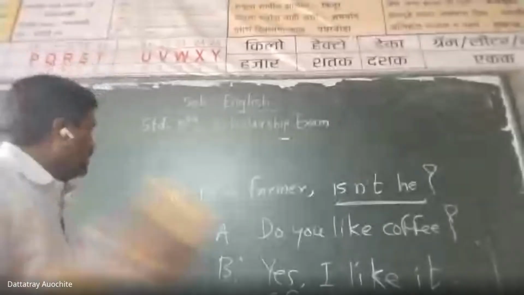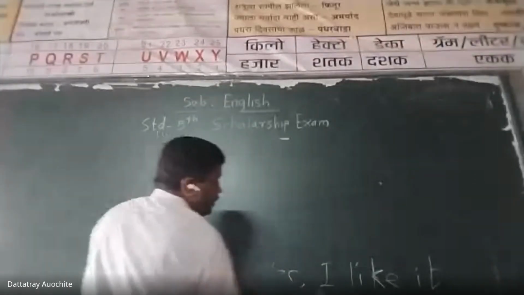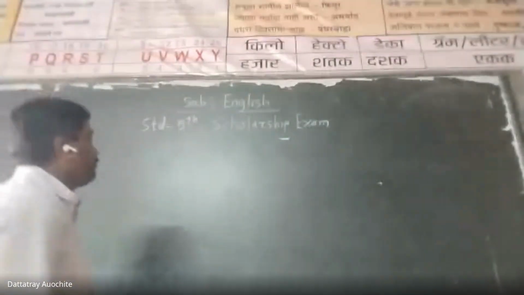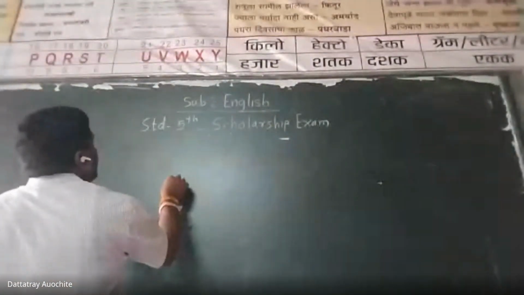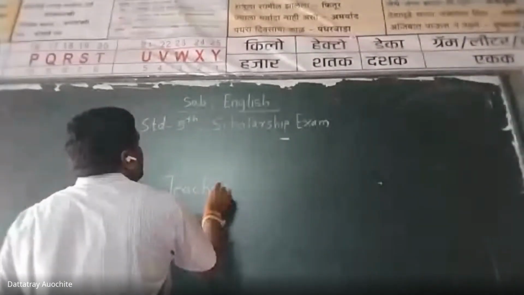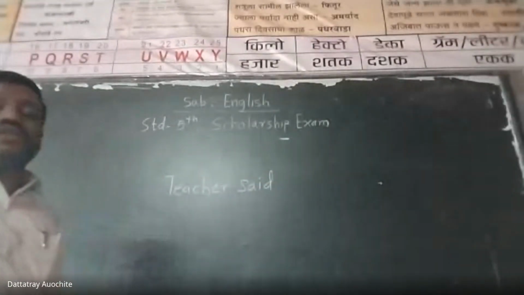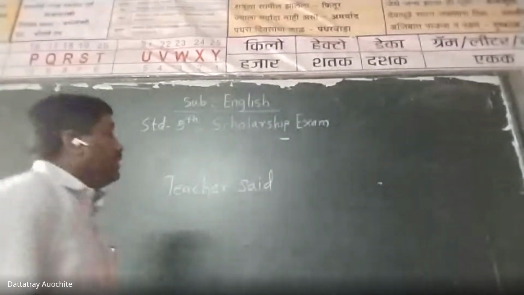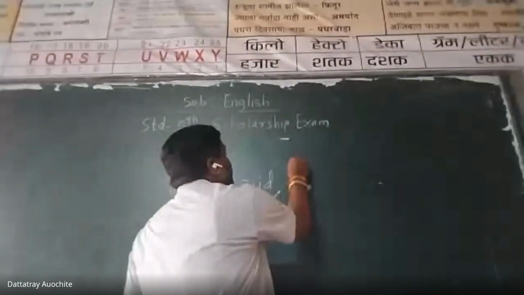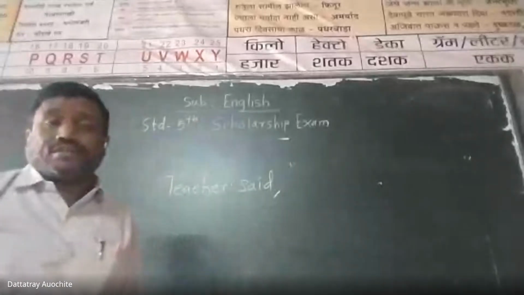Look at the sentence here, by which you can know clearly what is direct speech. Teacher said. So what the teacher said is given here in inverted commas.